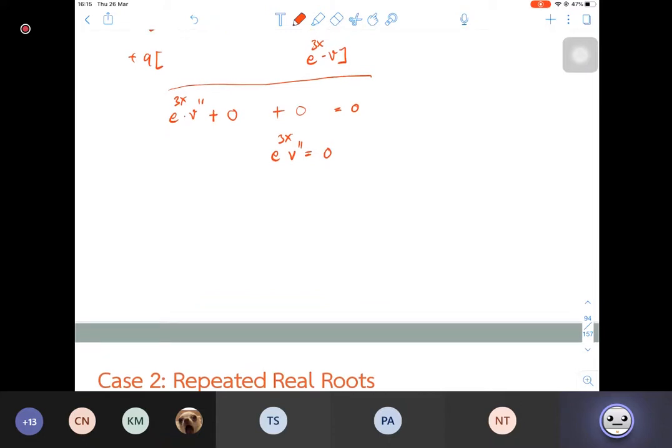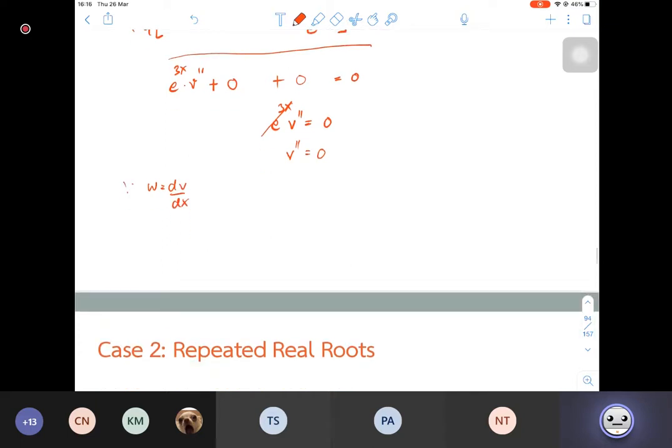We can also divide by e to the power of 3x because that term will never be 0. So what we are left with is v double prime equal to 0. And we have w equal to dv by dx, right?